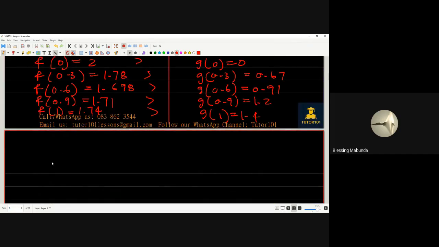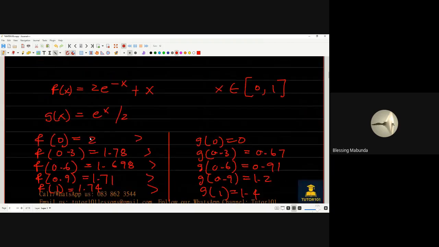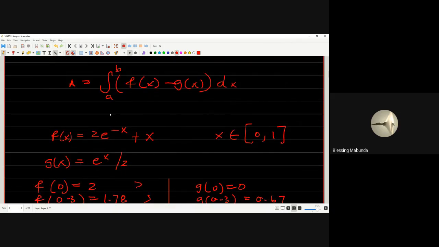And from there, we can conclude that f is above g on 0 and 1, meaning that this function here, that's what you'd subtract from.